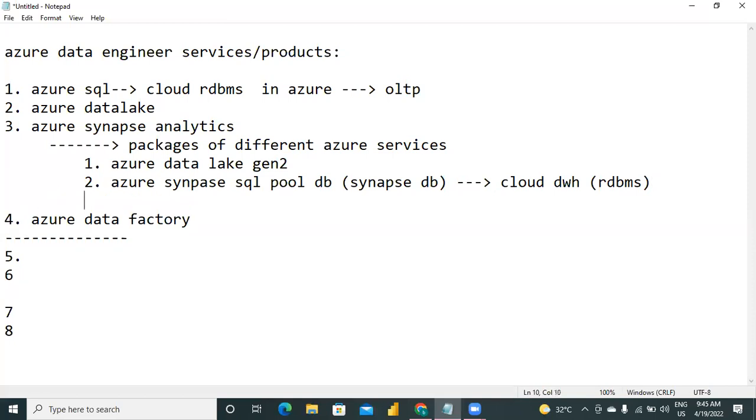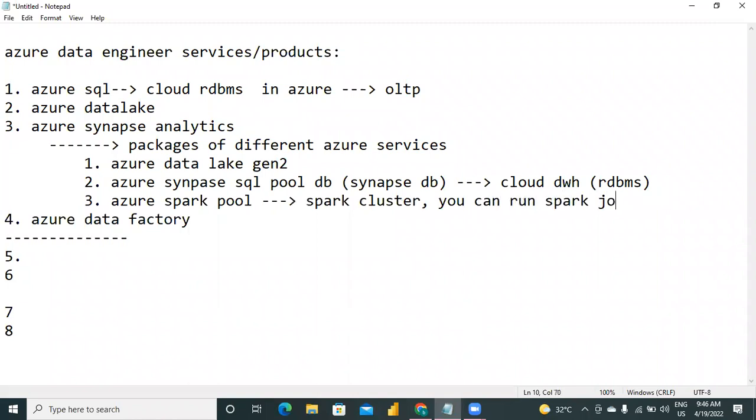And one more thing you have here is Azure Spark Pool. It gives you a Spark cluster, and you can run Spark jobs to process big data.